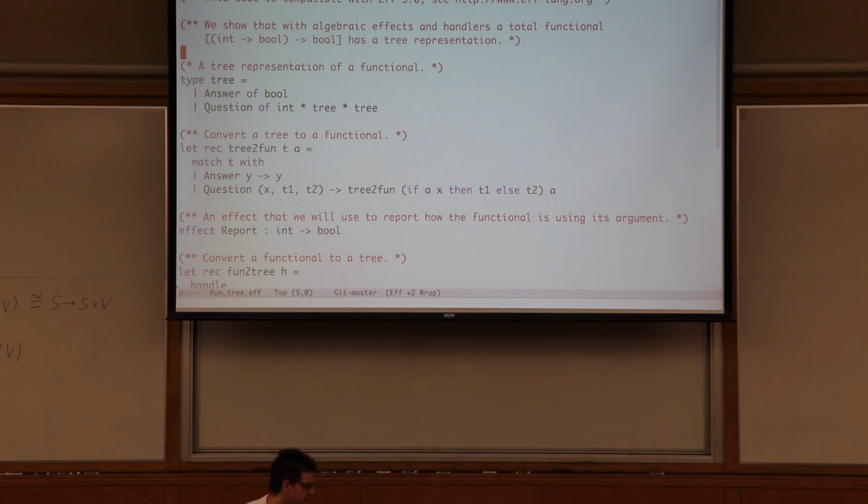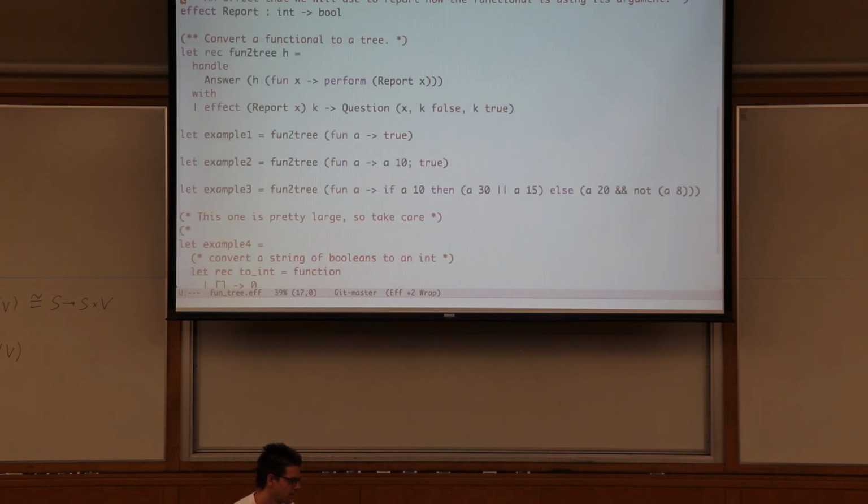Okay, so first we have some repetition of the code. Here is the tree data structure. Here is the tree to fund. This is the easy one. And so now let's do the spy thing. Our spy needs a special secretly report operation. The spy will say, hey, they're asking the question int.